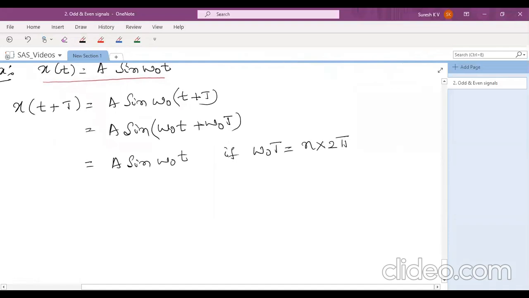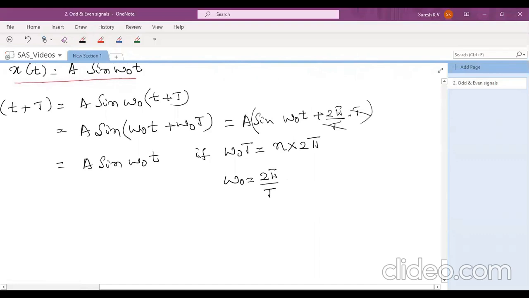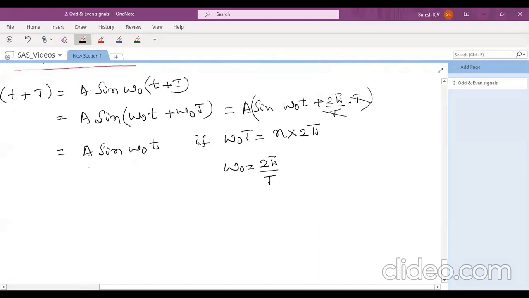Okay, so as you can see, omega naught can be written as 2 pi by T. Therefore, in this equation, you can write A sine omega naught t plus 2 pi by T into T, and T cancels with T, and since it is an integer multiple of 2 pi, the condition is satisfied.